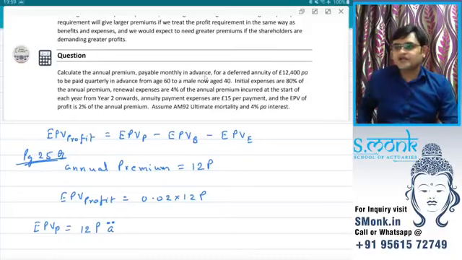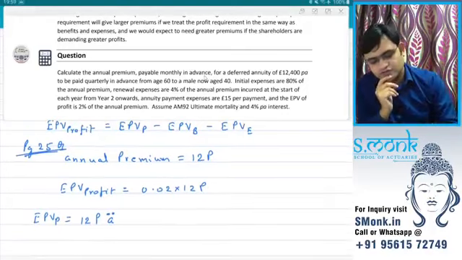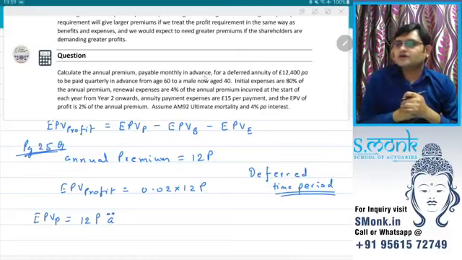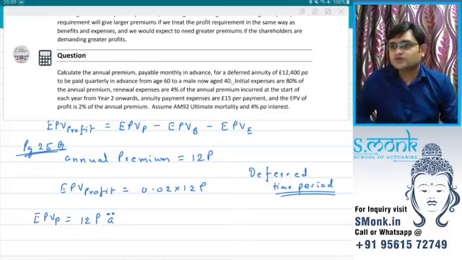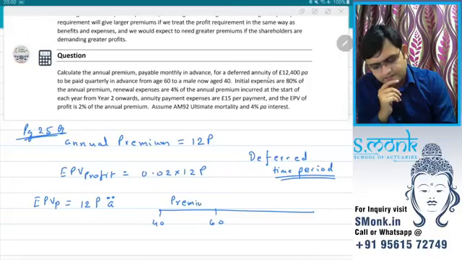They should have said that premium is paid till the deferred time period, that is, for the first 20 years when there is no annuity. Because we have a deferred annuity, what is happening here is that from age 40 to age 60 there is premium payable, and then the benefit starts.